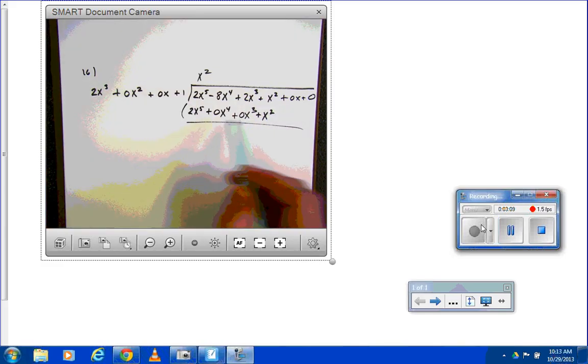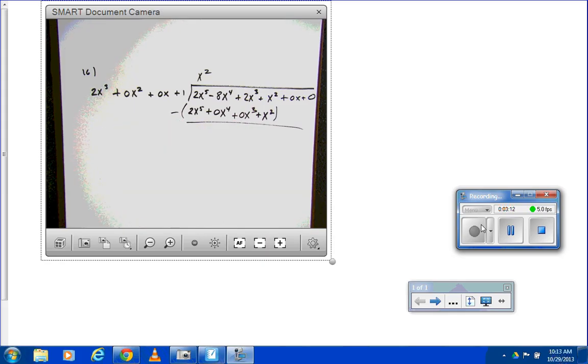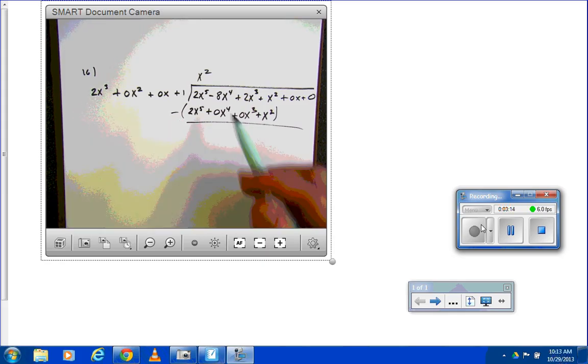Now we have to take all this and subtract it. So 2x to the 5th minus 2x to the 5th goes away.